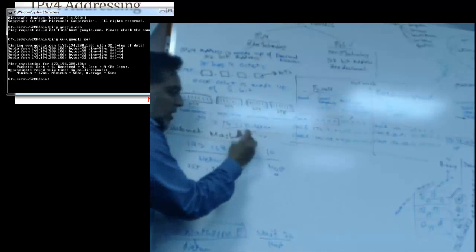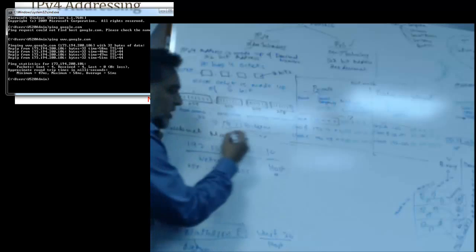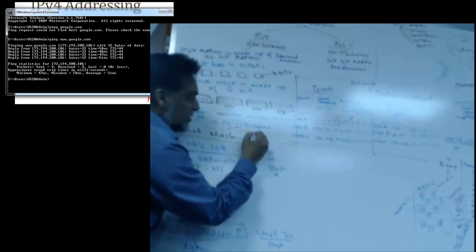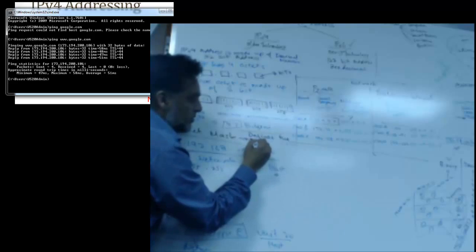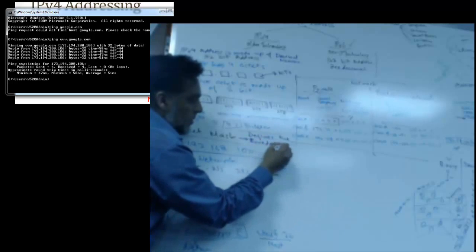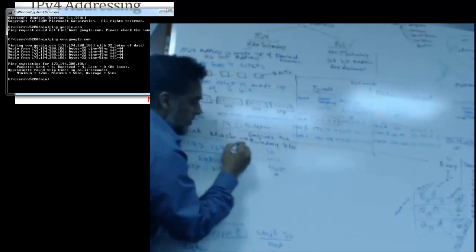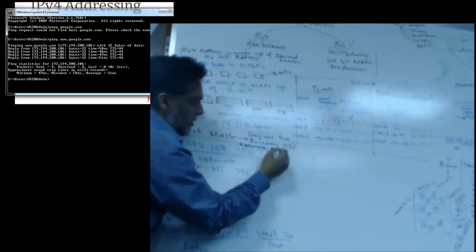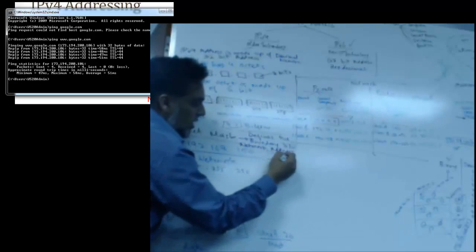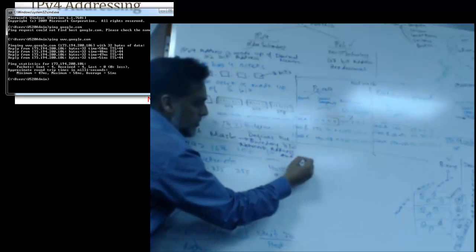So if I say a one-liner for subnet mask: a subnet mask defines the boundary between network address and host address.